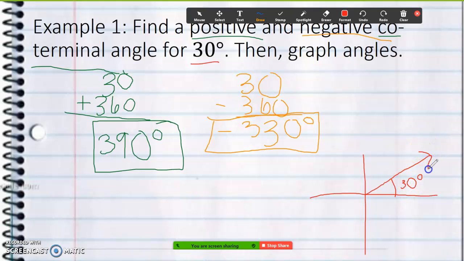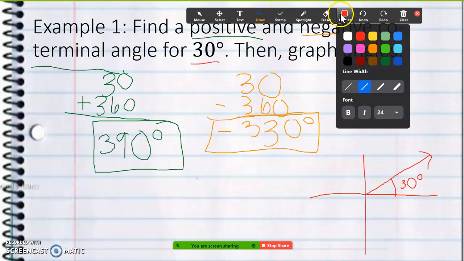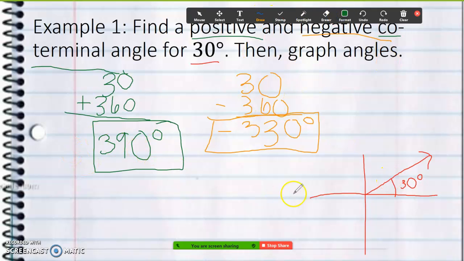Graphing should be easier because that's what you did in the last lesson. You start here at 0 and then you go about 30 degrees. If we're graphing 390 degrees, that means we have to go all the way around because that's 360 plus 30 degrees more.